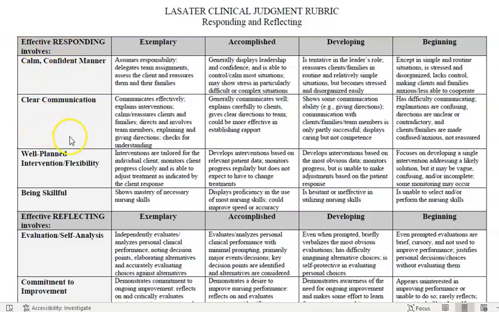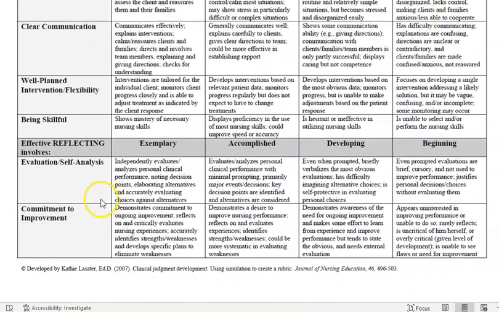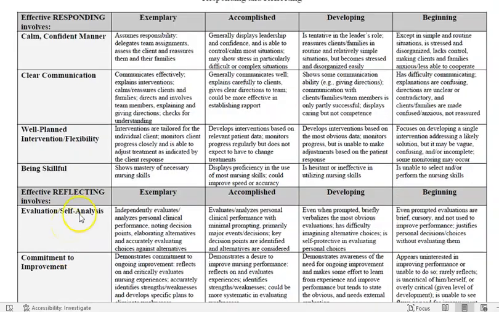Are they able to clearly communicate? Are they flexible and able to implement interventions? How are they in their nursing skills? And are they able to self-analyze and evaluate? And are they making goals? Are they committing to improve week to week?